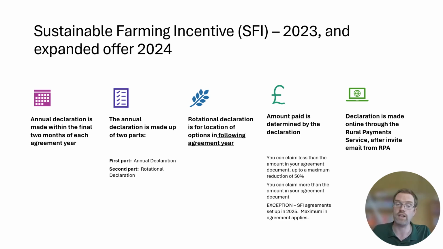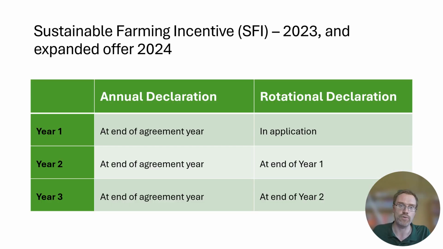Okay, and therefore the declaration you make at the end of year 1 is essentially the rotational declaration for year 2, and the one you make at the end of year 2 is the rotational declaration you make for year 3. And you will not make a rotational declaration at the end. I've put this in a table in the next slide, hopefully to lay that out a bit easier for you.